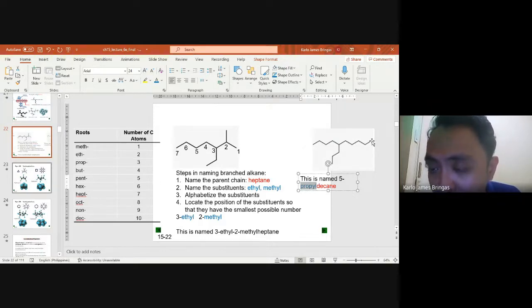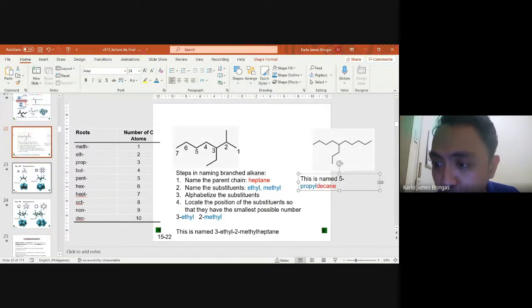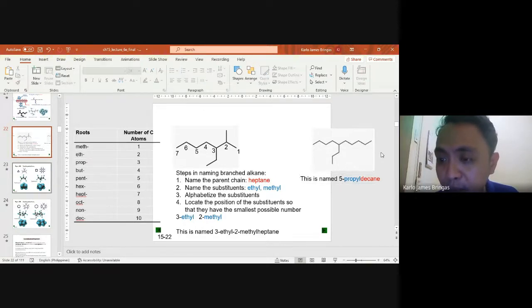Kung bibilangin natin from the other side, sa right side going to the left, this is 1, 2, 3, 4, 5, 6. Ang gusto natin is, si substituent, dapat smallest possible number siya. Kaya, in the end, pinapangalanan natin siya na 5-propyl decane. Since 5, counting from left to right, is smaller than 6 if you count from right to left. So that's 5-propyl decane.